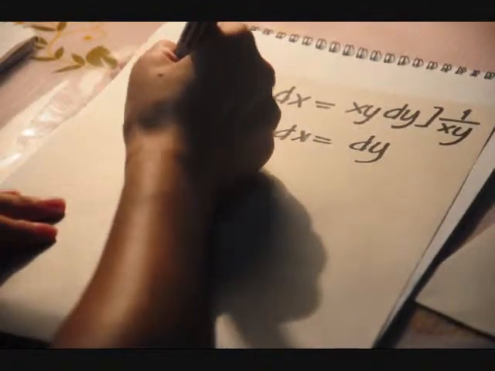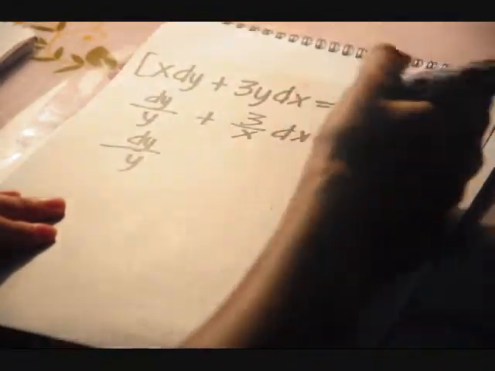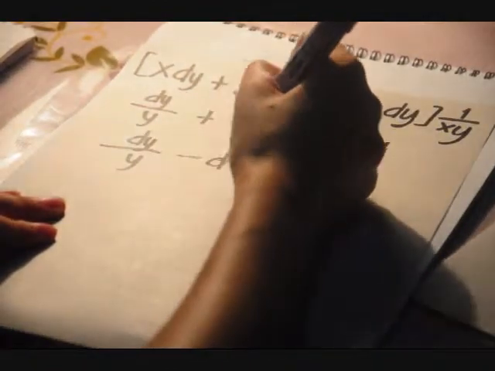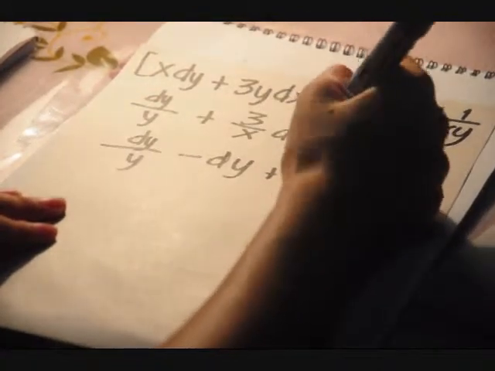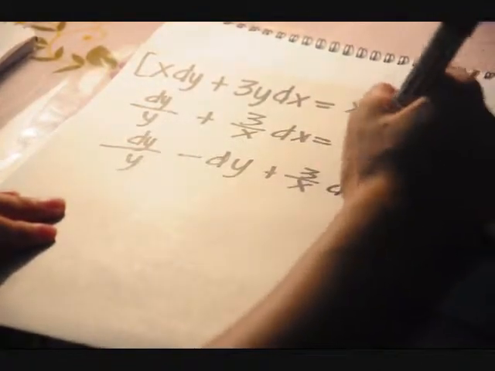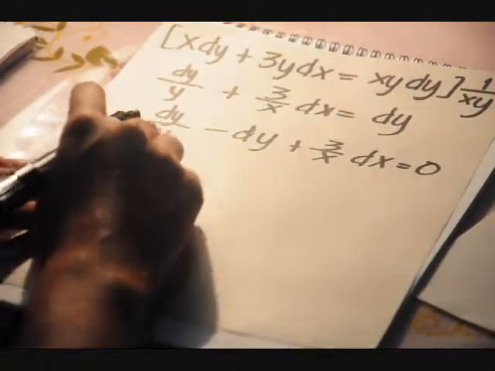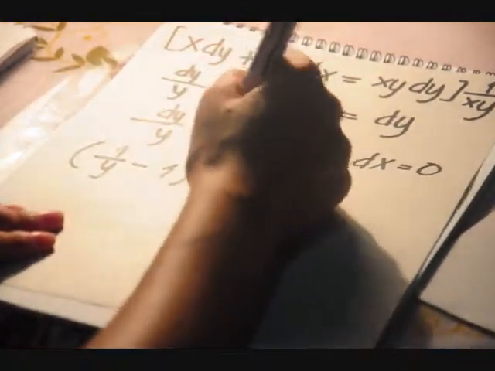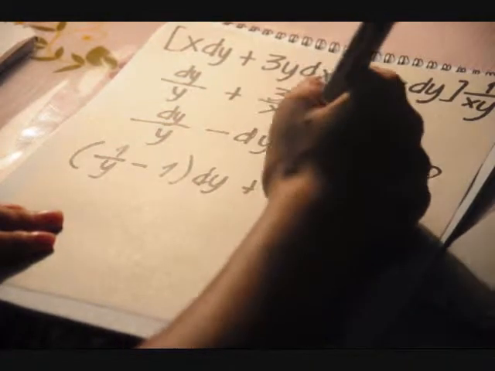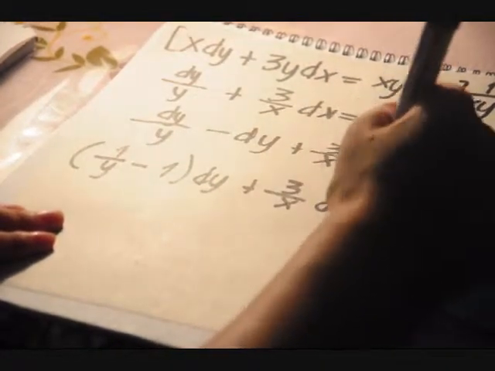So it becomes dy over y minus dy plus 3 over x dx equal to 0. We can simplify dy over y minus dy to become (1 over y minus 1) dy plus 3 over x dx equal to 0.